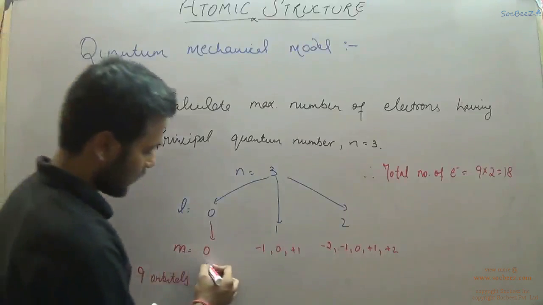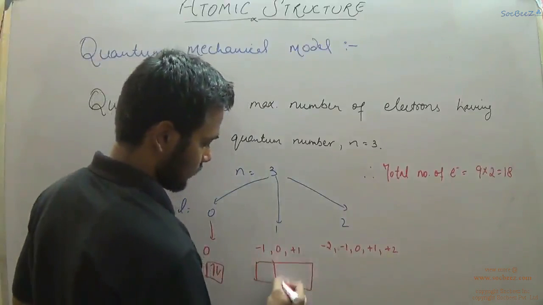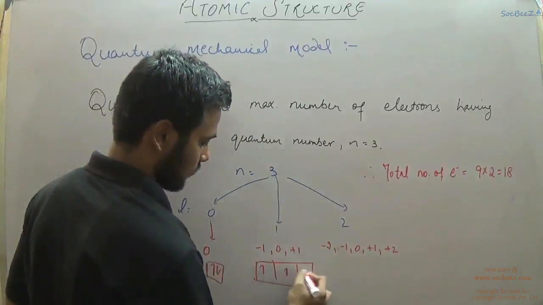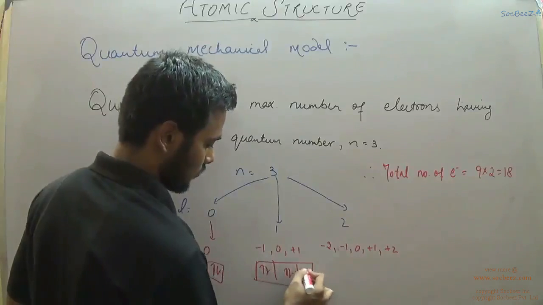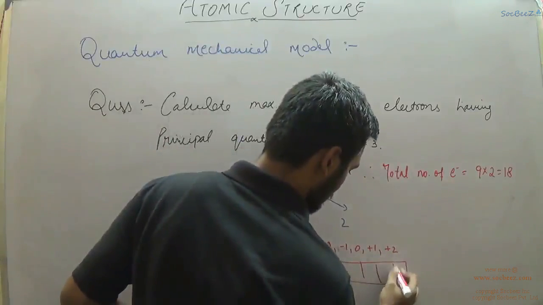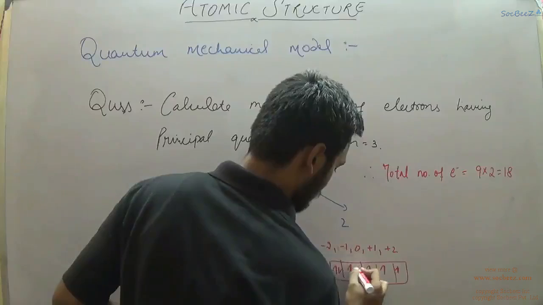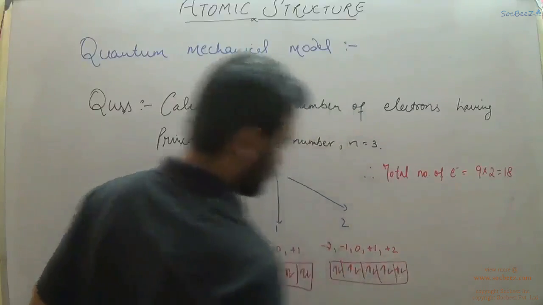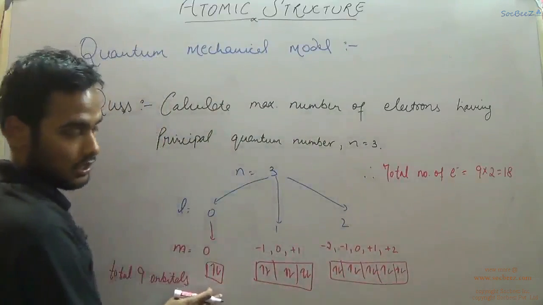So we can represent it like this: the total number of electrons is 10 plus 6 is 16, plus 2, 18.